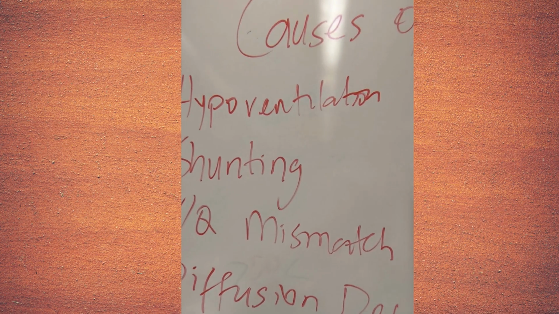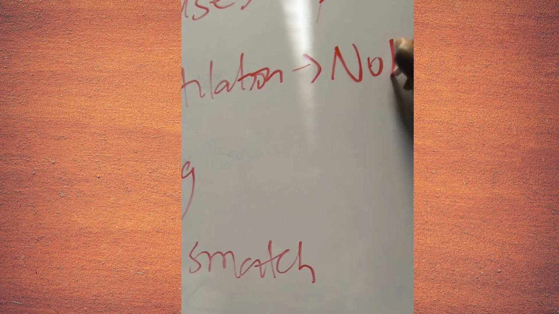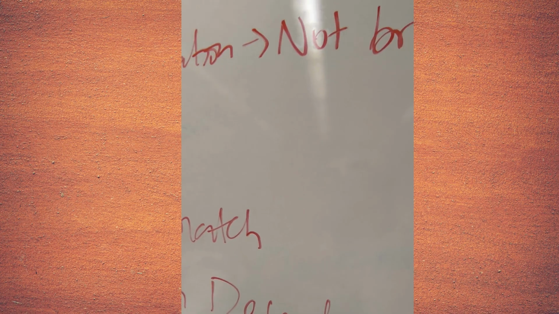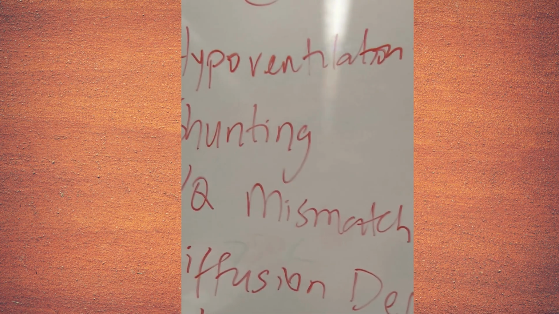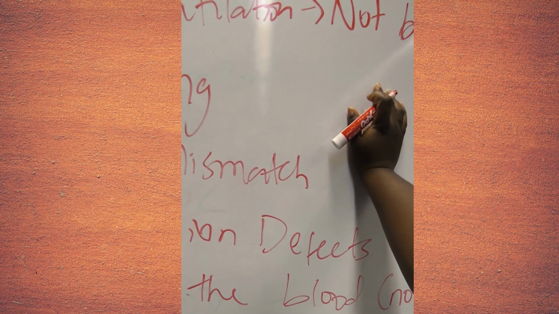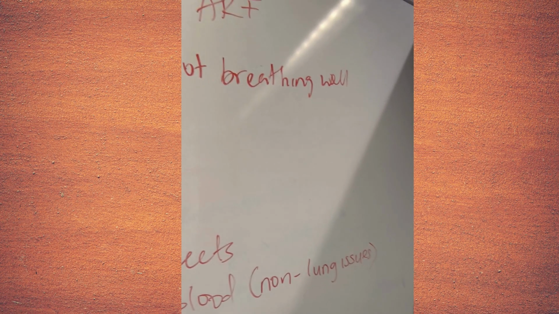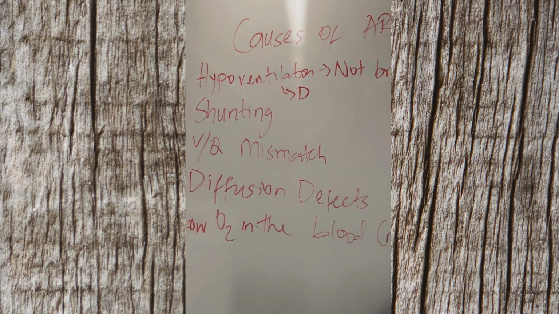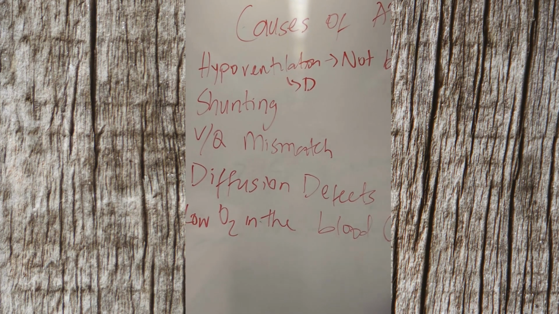Hypoventilation: you're not breathing well enough. You're not breathing enough. Let's say you're expecting a chef to cook food and they're sleeping. This is one of the easiest reasons, because the patient is just not breathing enough.